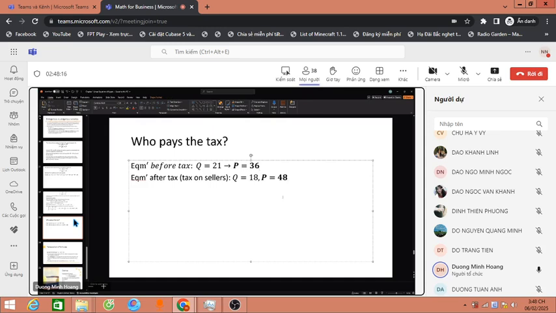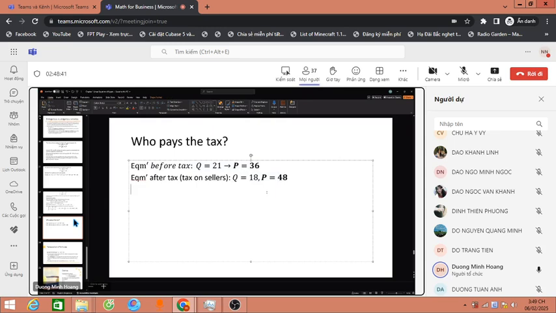Now, after tax, consumers have to pay $48, even though officially the tax is not placed on consumers. Officially the tax is not placed on consumers, but they have to pay a higher price.